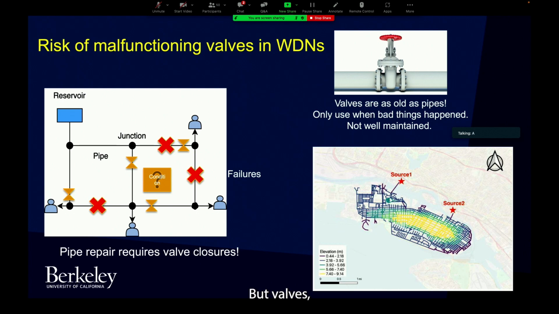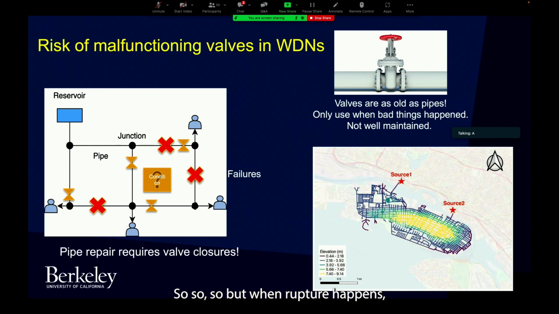But with valves, you have to check whether they're working. Sometimes there are valves made in 1900, 100 or 120 years old. You don't know whether they're working. Sometimes somebody paved on top of it, so you don't know where it is. It may be here, or it may be there, I don't know. So there are a lot of interesting issues in terms of the records of the valves, and how we deal with them.